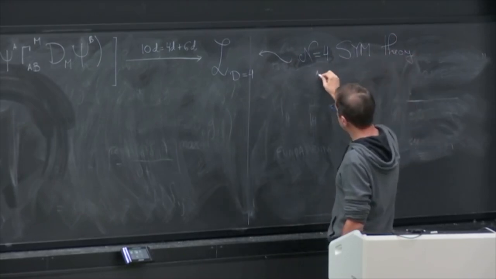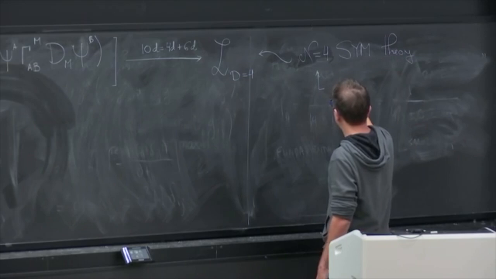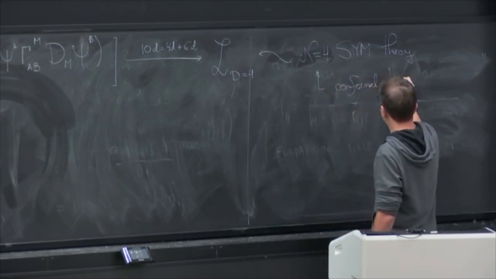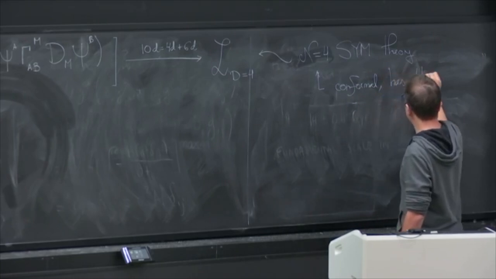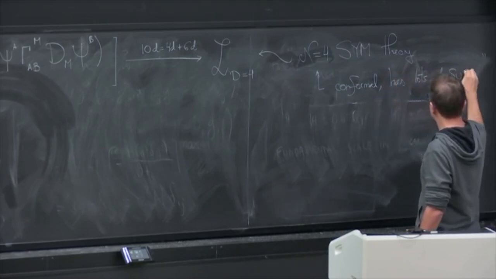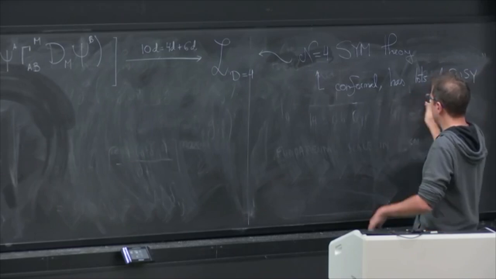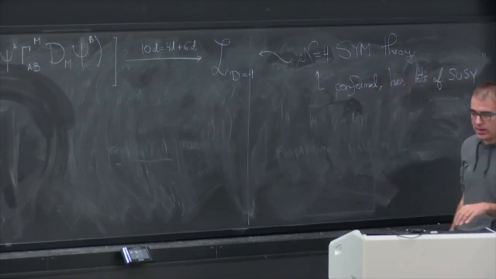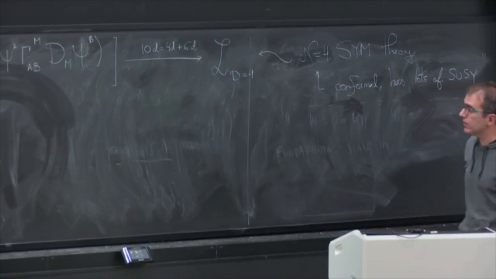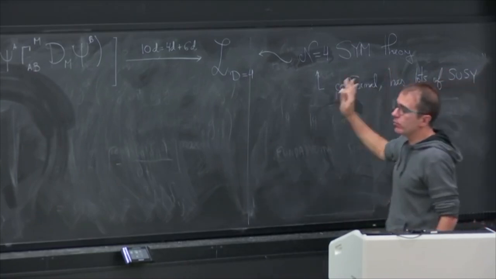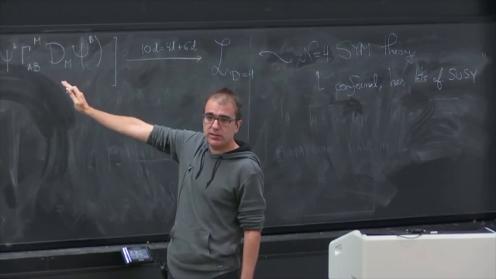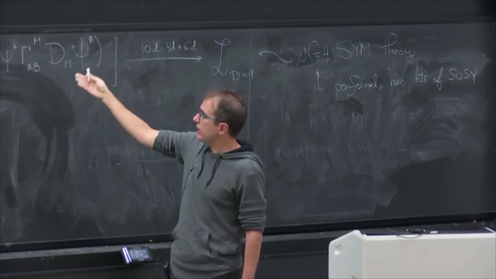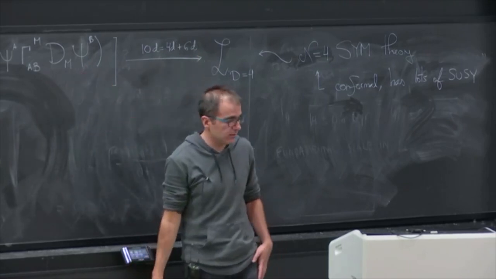The idea is that this theory is conformal, and it has lots of supersymmetry. Supersymmetries are transformations, which I will write, that leave the action invariant. And that's what the remaining equations written on those pages are. But first, before we go there, this is where we want to go, we have to first understand this Lagrangian in more detail, understand the notation in more detail, and understand how to do this reduction in more detail. So that's what we are going to do now.